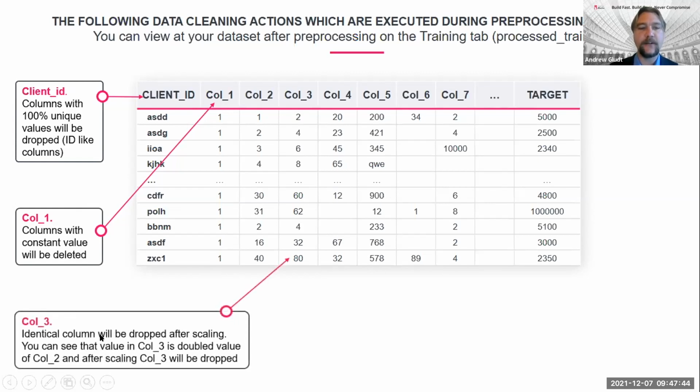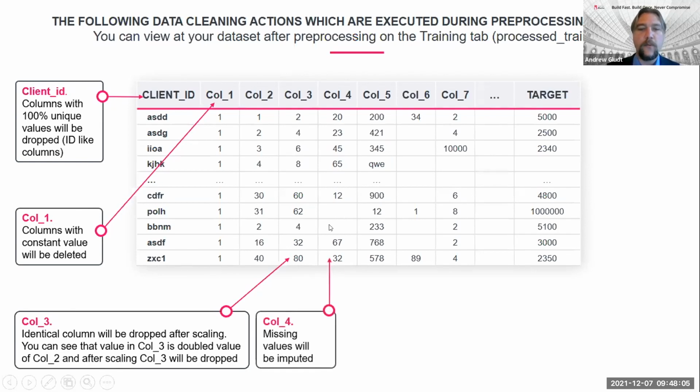Additionally, an identical column will be dropped after scaling. You can see that the value in column 3 is double the value of column 2, so this won't provide value.